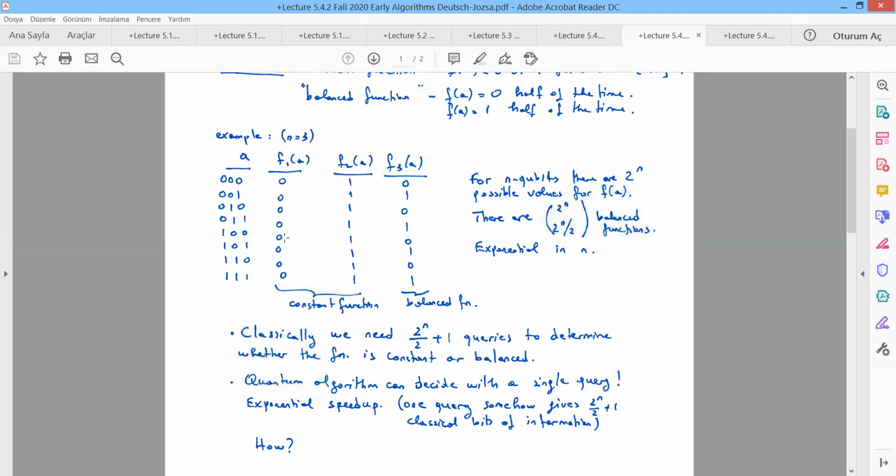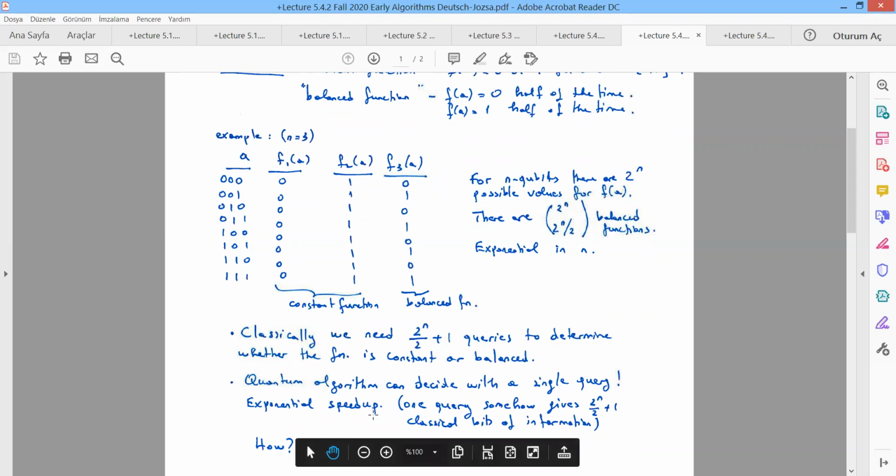So we need to make an additional measurement to make sure that we have a constant function like this or a balanced function. So classically, this is the answer. And as we see over here, again, the number of queries scales exponentially with n to be able to identify whether this function is a constant function or a balanced function.